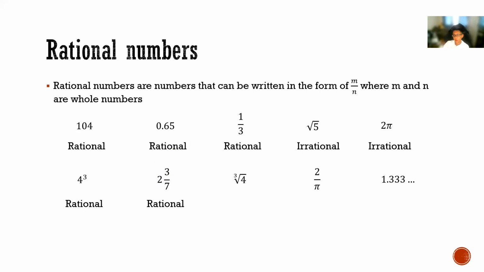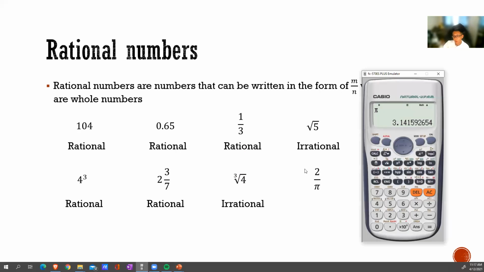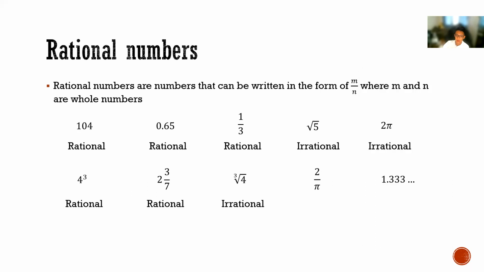Is cube root of 4 rational or irrational? Cube root of 4 is irrational. If you try to count cube root 4, it'll be a never-ending decimal. How about 2/pi? Irrational also. If you involve pi, times, divide by pi, even plus pi, it will definitely be irrational.